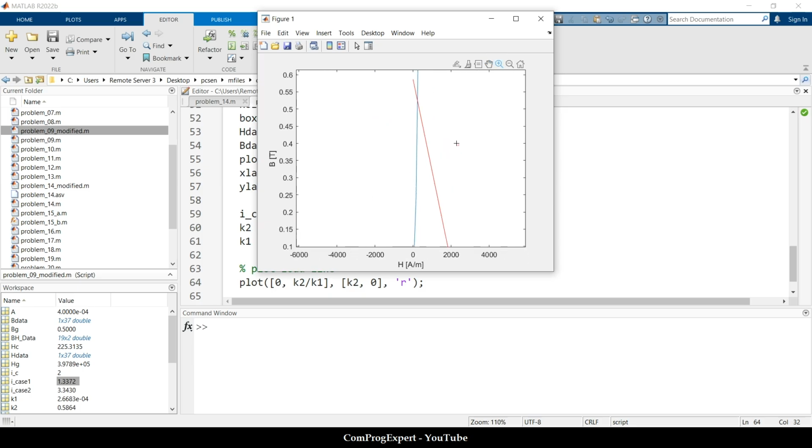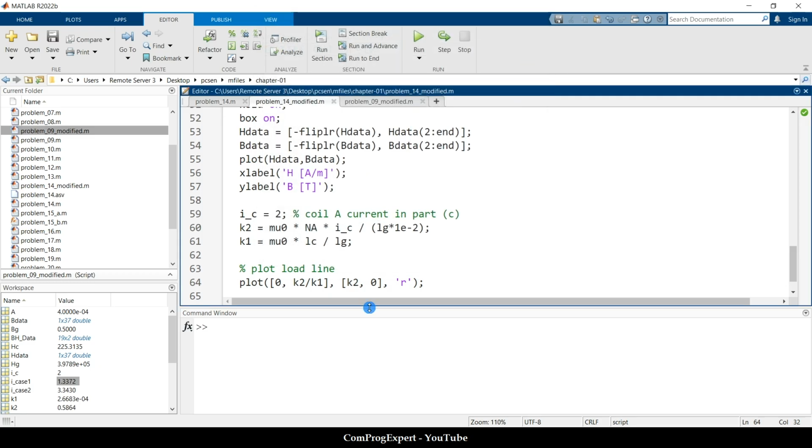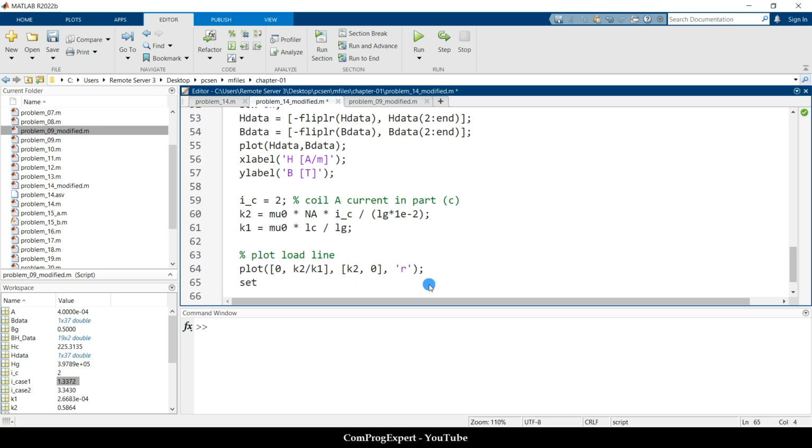Because here we have a huge range of data for H, we cannot draw this load line well, so I am going to set the x limit of the graph from negative K2 to K2. So now we can plot it better.